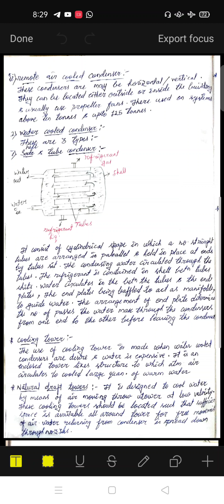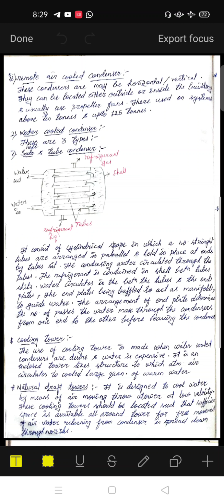It consists of a cylindrical shell in which a number of straight tubes are arranged in parallel and held in place at the ends by tube sheets. The condensing water is circulated through the tubes. The refrigerant is contained in the shell between the tube sheets.